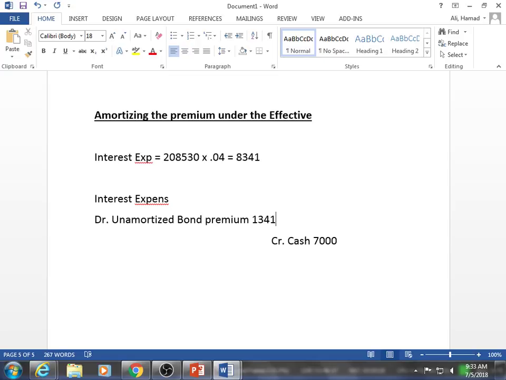And therefore, the interest expense is going to be the difference between the 208,530 minus 1,341. Now 8,341 minus.